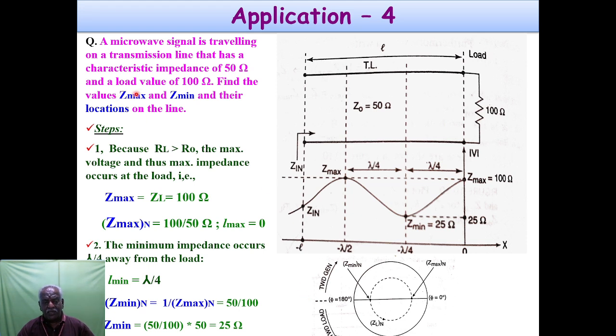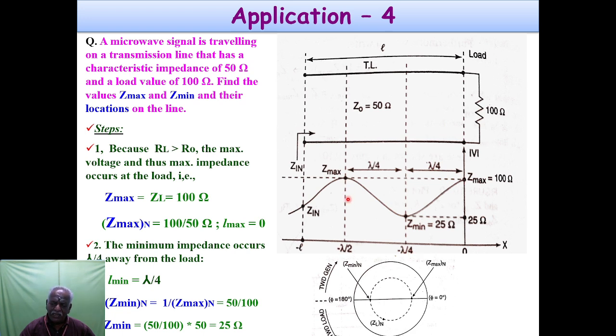So we have determined Z maximum, Z minimum and their positions also. At a distance of lambda by 4, the minimum occurs. The first maximum occurs at the load point itself. The first minimum appears at a distance of lambda by 4 from the load.